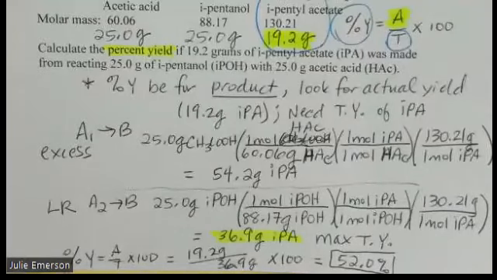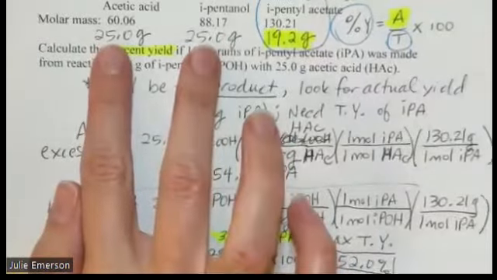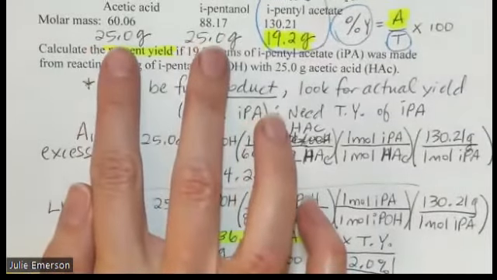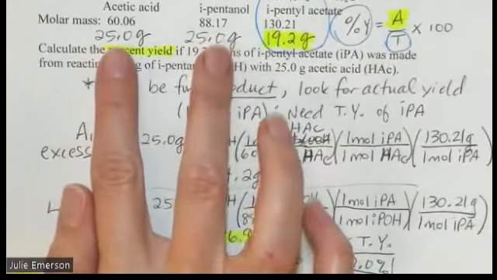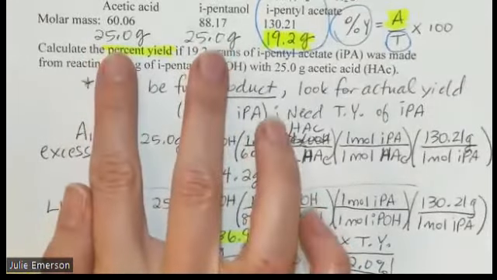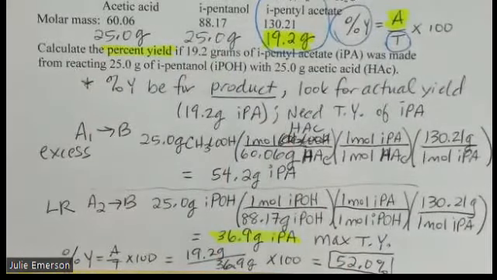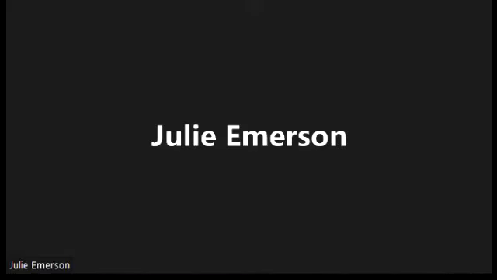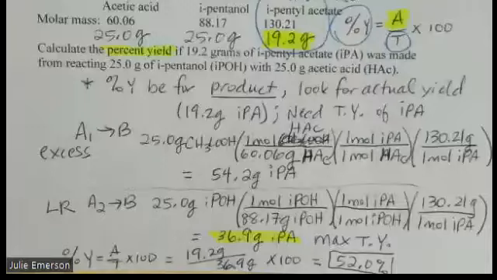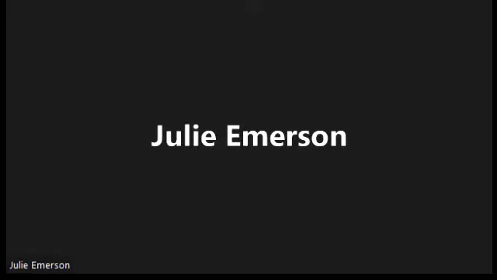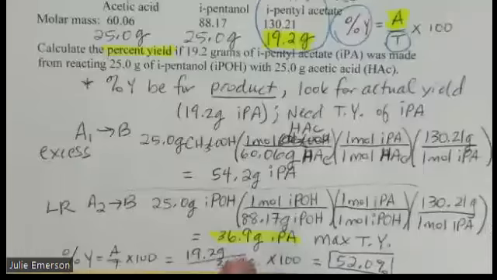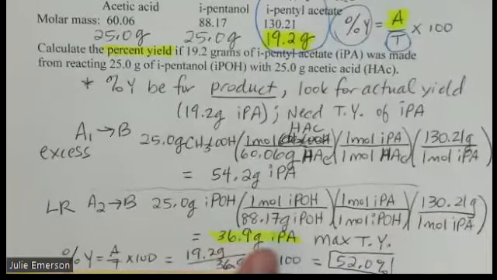Then the other two quantities I'm given are for two reactants. So I'm assuming this is a limiting reactant problem. I'm mixing the 25 grams of acetic acid and the 25 grams of ipentanol. They're going to do their thing. They're going to make that ipentyl acetate, and one of those reactants runs out first, and thus limits how far the reaction can go. What we found is that once we made the 36.9 grams of IPA, the ipentanol would have been gone.